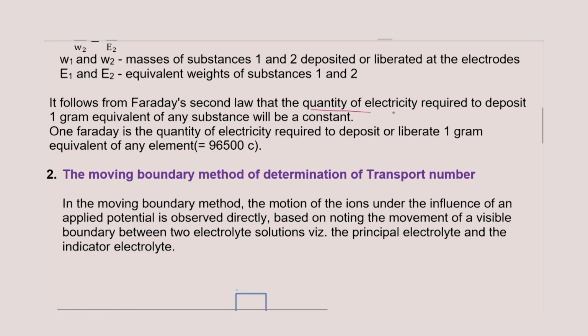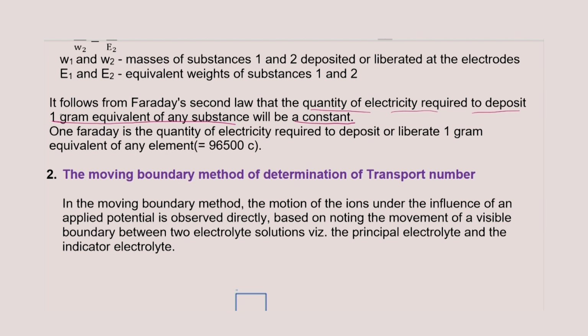Now, from Faraday's laws of electrolysis, there are certain points to be noted. The quantity of electricity required to deposit 1 gram equivalent of any substance will be a constant.